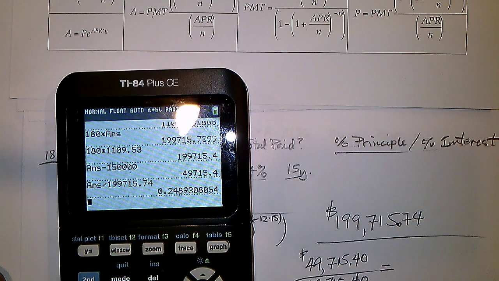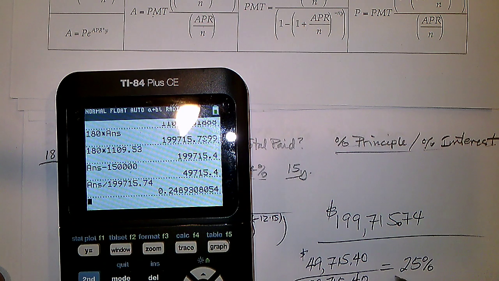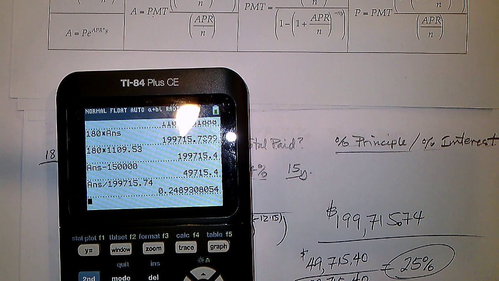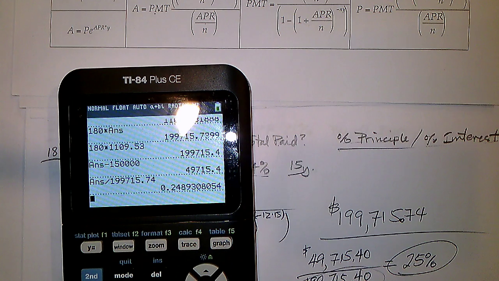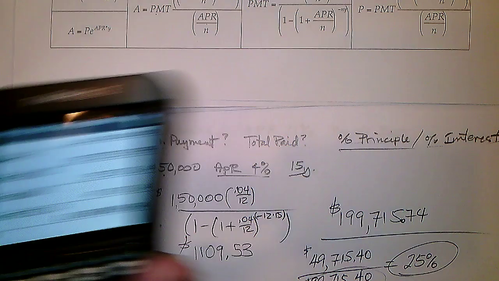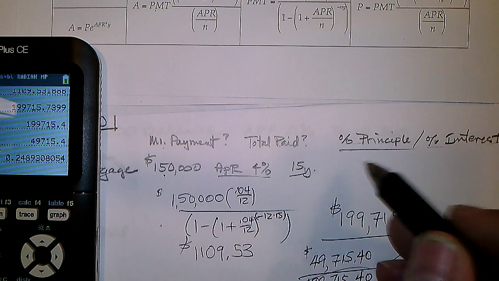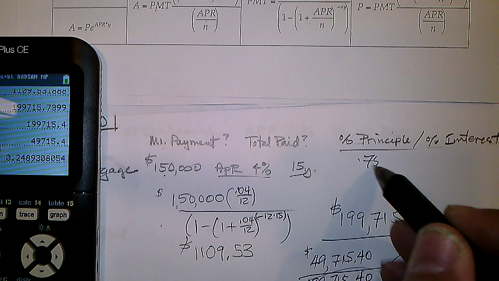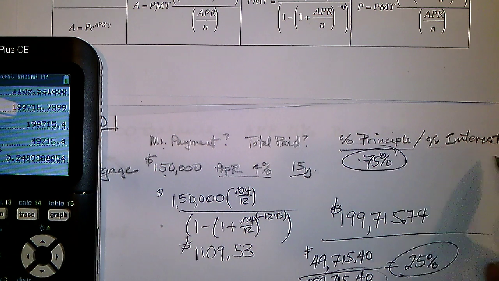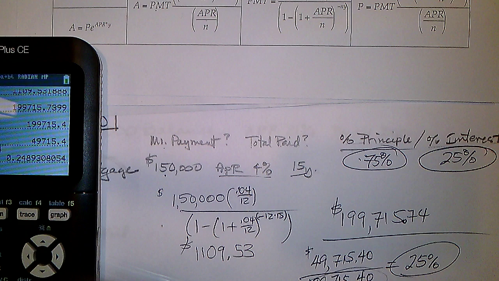So that's about 25% of all the payments value that you paid back. The interest was about 25%, and so the amount paid on principal would be 75%, and the interest would have been 25%. Okay?